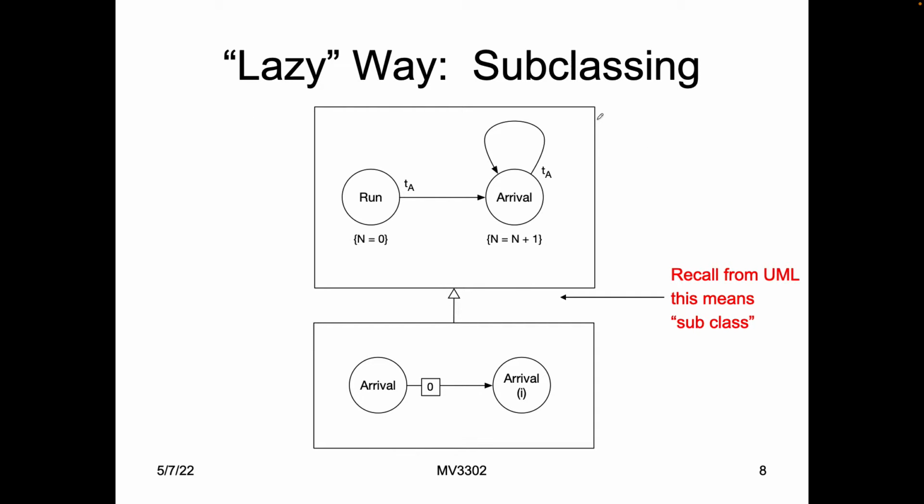Once we have a concept of an event graph component, we can introduce the concept of a subclass of the arrival process. In other words, we have the arrival process which does its thing perfectly. It doesn't completely meet what we have here.